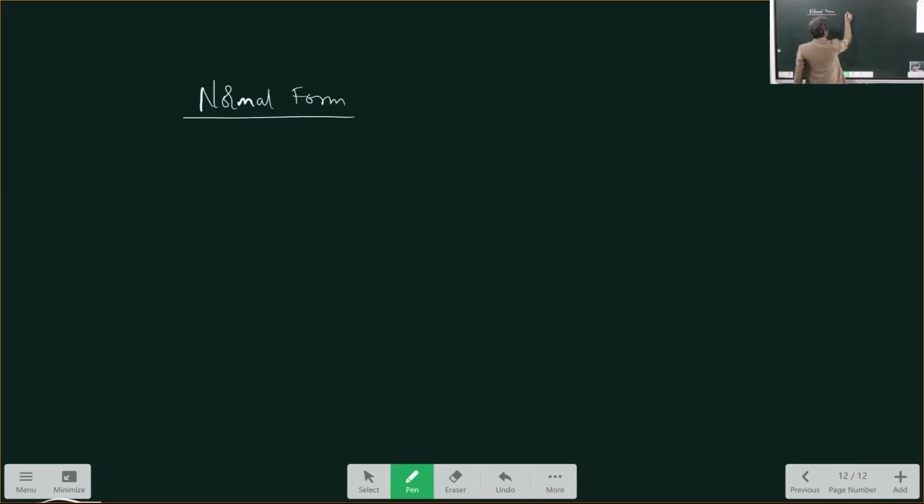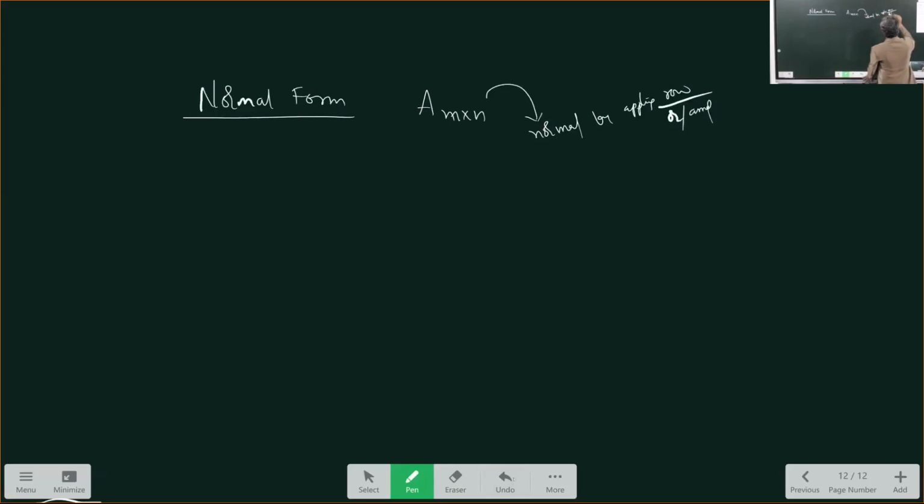So a matrix A, which is of order m cross n, can be converted into a normal form by applying row and column operations.